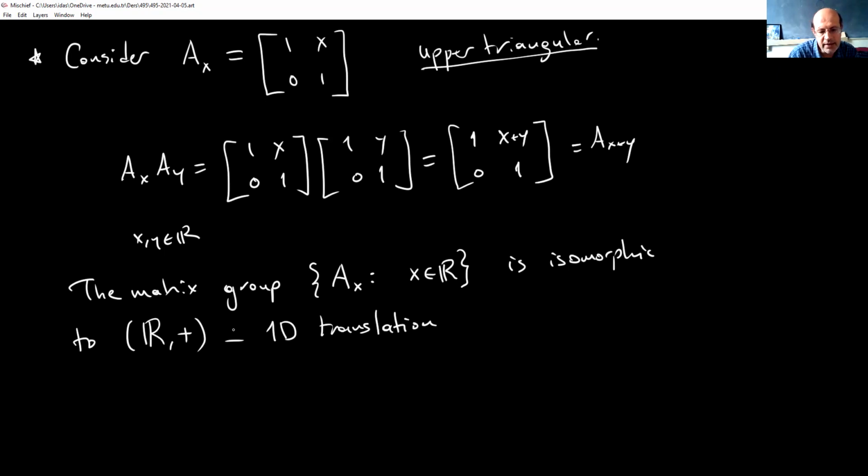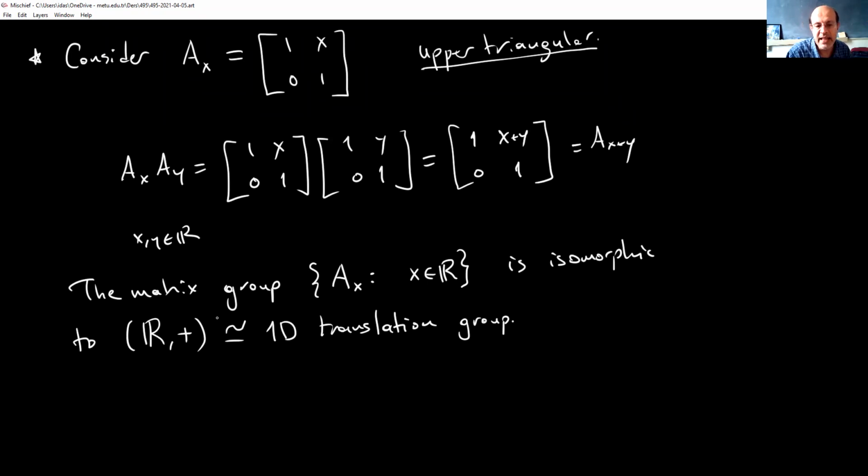Again, this is isomorphic to the 1D translation group. If we remember the 1D translation group, I said that this can be defined as some kind of transformation on the one-dimensional space. So a translation by X basically corresponds to shifting all the coordinates by X. You can define it in some perhaps more mathematical way, but I know that this group is isomorphic to the set of real numbers together with addition.